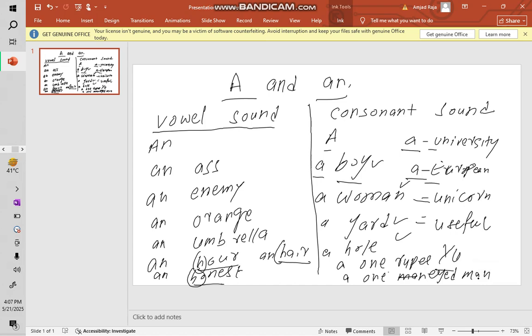In these cases, the word one actually contains a W sound. One, W, the sound is actually W. We are not pronouncing this O here, but the sound that I'm using here is W. So that's the difference.